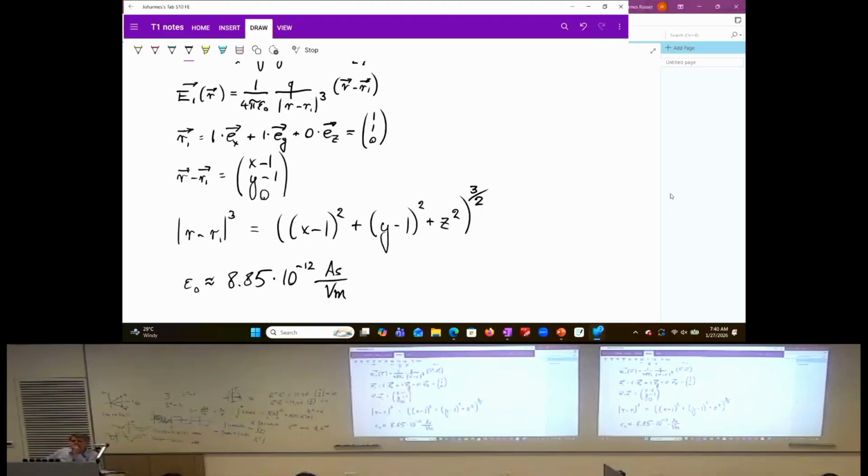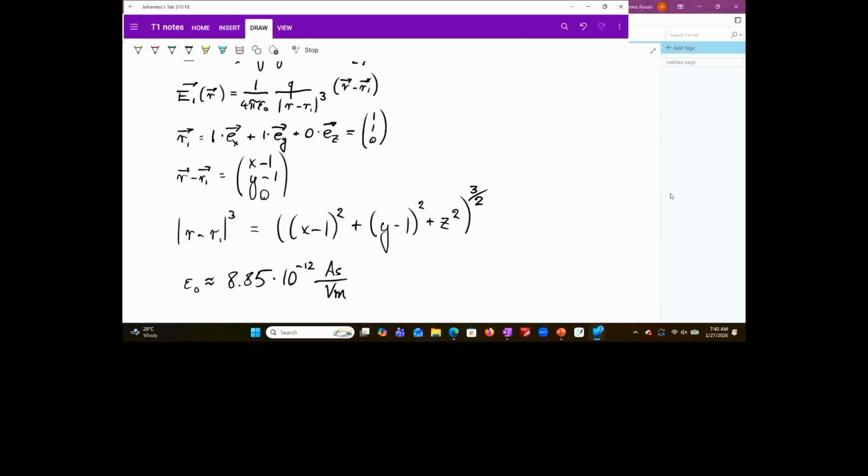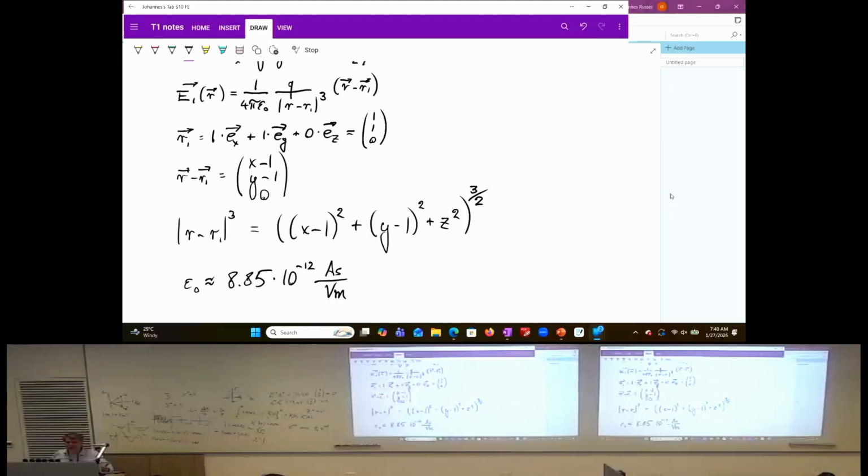The point is that I want to get the norm of the vector, or the magnitude of the vector. So that you do by taking the square of each component of the Ex plus the square of the Ey component plus the square of the Ez component.